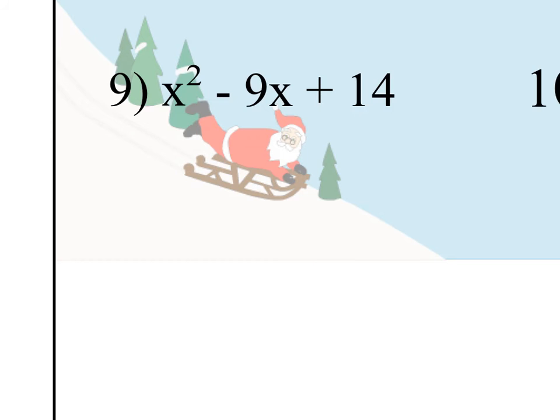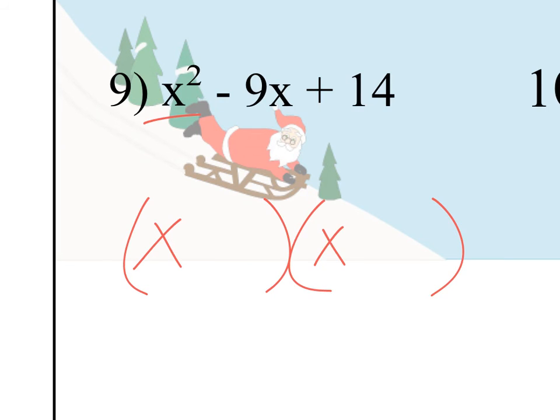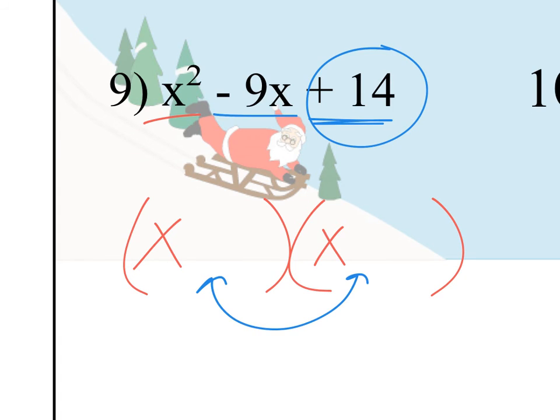x squared minus 9x plus 14. Now I'll talk about what we saw up there. So again, we're factoring. We're going to factor two binomials. It starts off with x squared, so I'll start with x and x. And when I look at that last term, it's positive 14. So again, like that was telling us, that means the two signs will be the same, whatever my two signs are here. And since I have to add them together to get negative 9, the signs will both be subtraction.